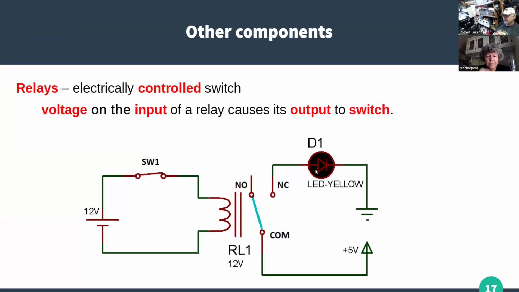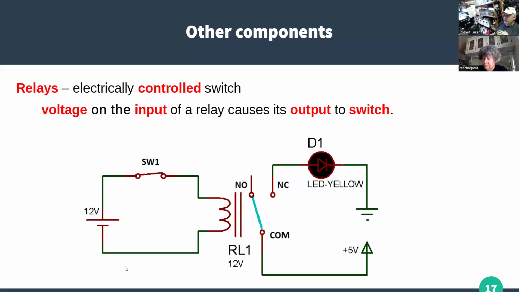Okay, I mentioned relays. A relay is an electrically controlled mechanical switch, which is why it's different than a transistor switch. They're both electrically controlled, but one's a mechanical switch and one's an electronic switch.